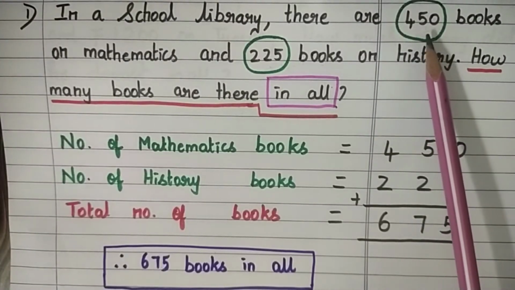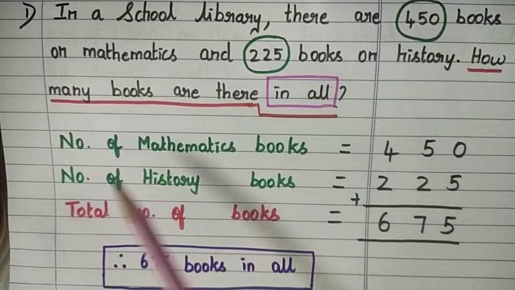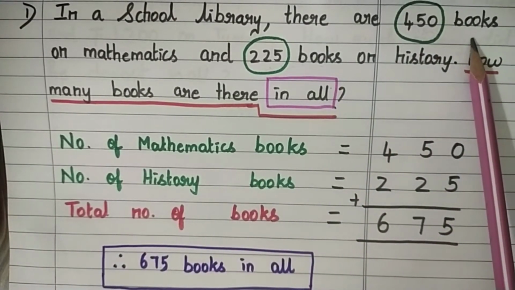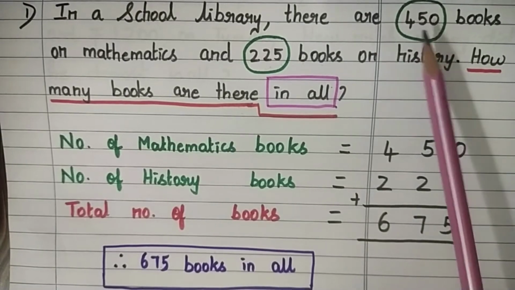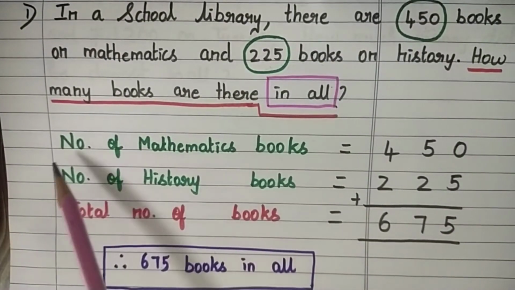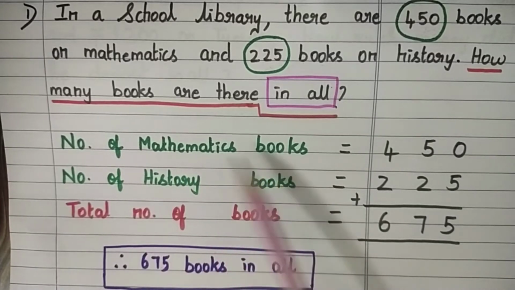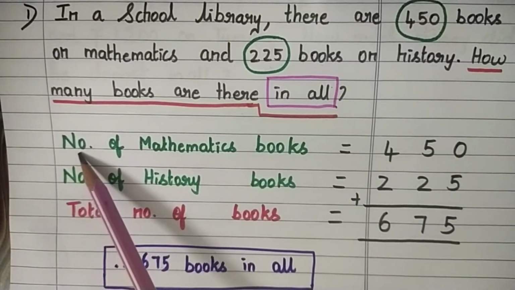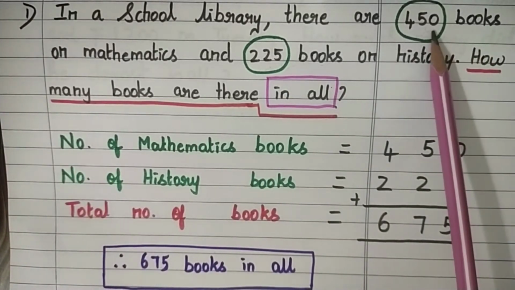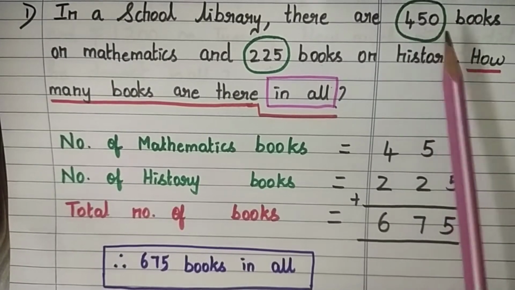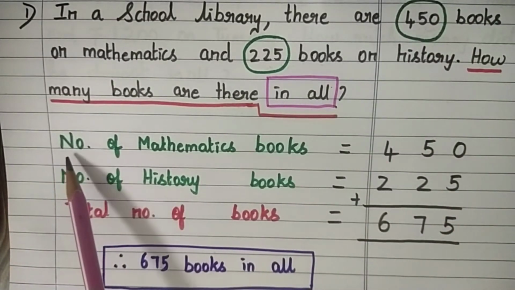Okay, children, see here for the first information, the first statement. 450 books on mathematics. So you have to write number of mathematics books. Since 450 books is countable, when it is countable, we use the word number.